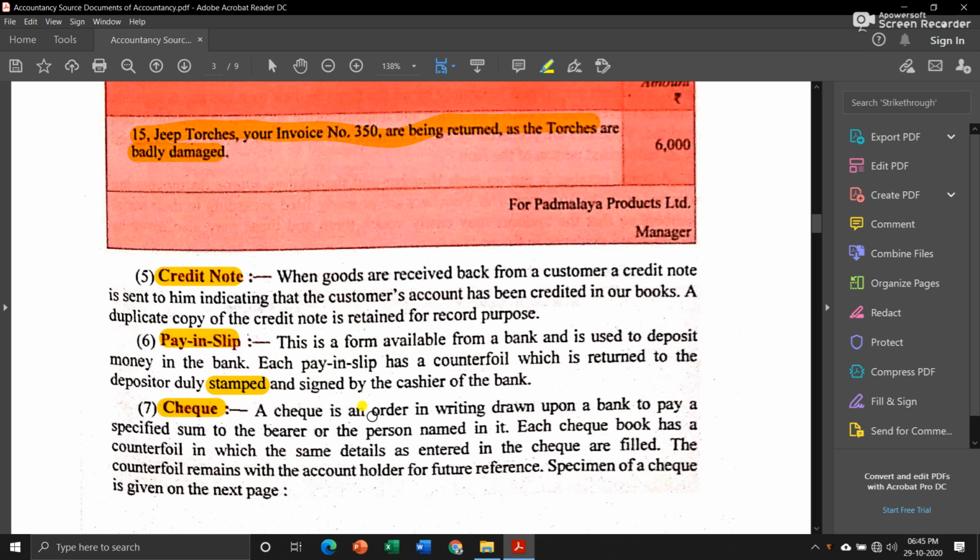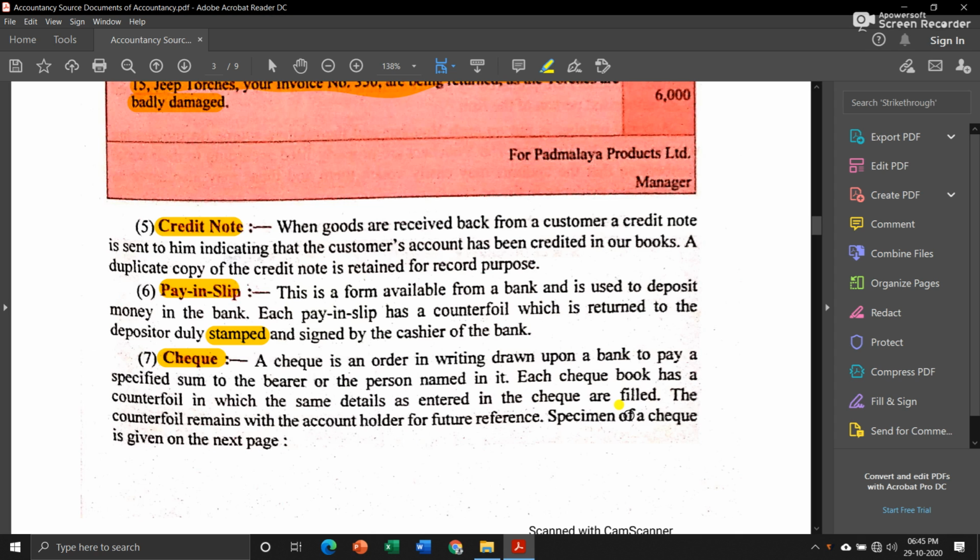The next is check. A check is an order in writing drawn upon a bank to pay a specified sum to the bearer or the person named in it. Now check is very easy. When the holder of that check goes to a bank and shows it to the bank authority, it is an order.